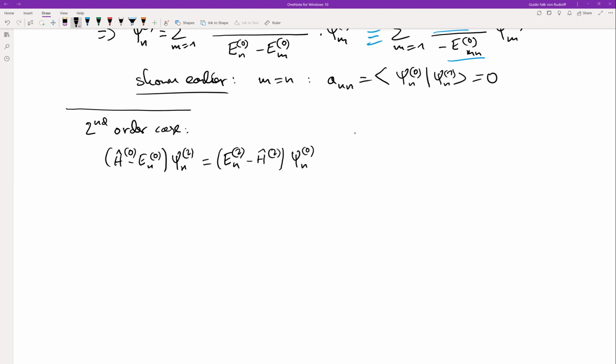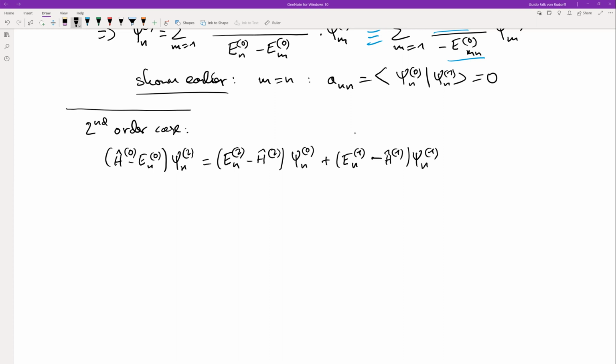Then, of course, this means that we need the unperturbed wave function for that. Now, the last thing is only the mixture, where both factors are linear in lambda. So that would be the first order energy minus the first order of the Hamiltonian times psi n, the first perturbation.